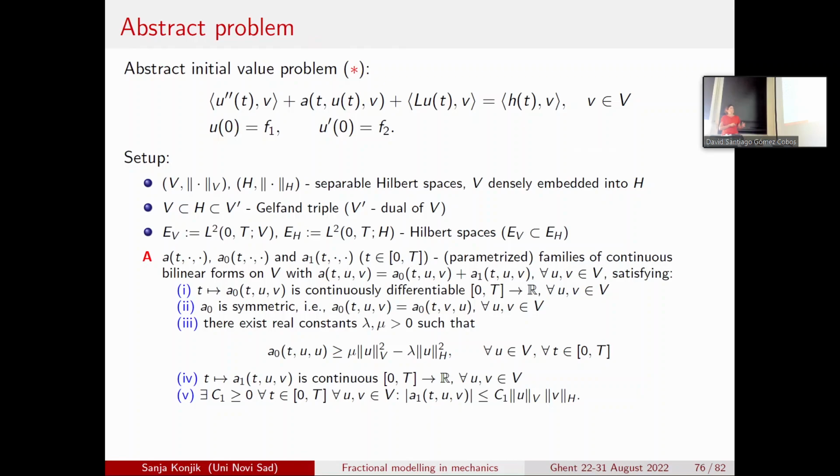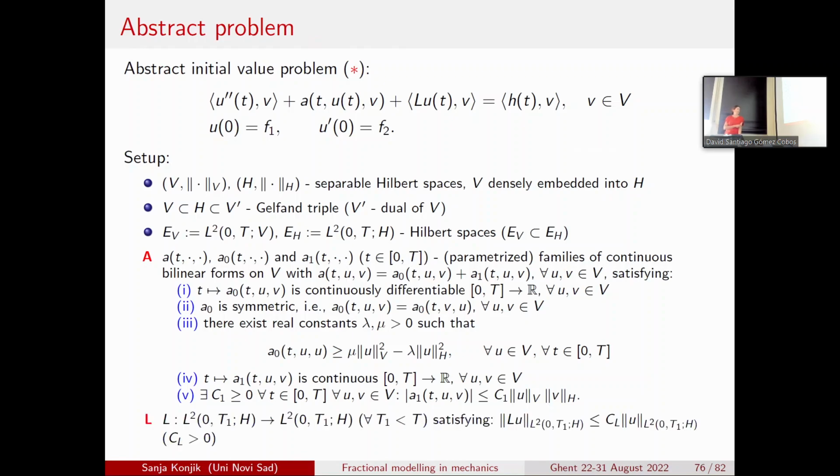So in this abstract problem, with this assumption A and assumption L on this operator L, for L we assume that it maps L2 space to L2 and satisfies this inequality here.